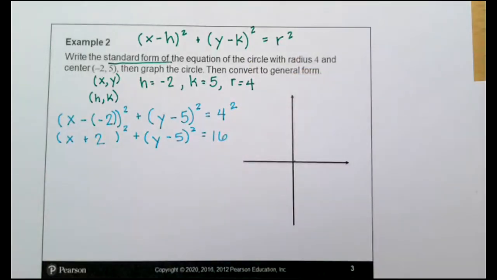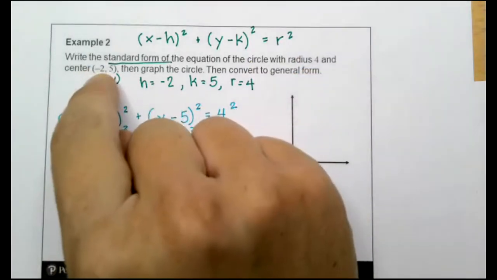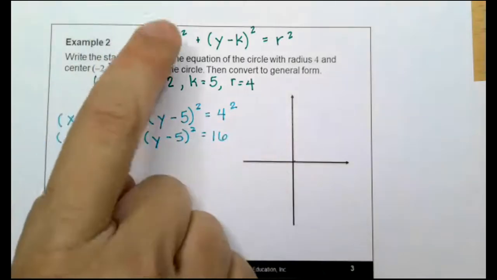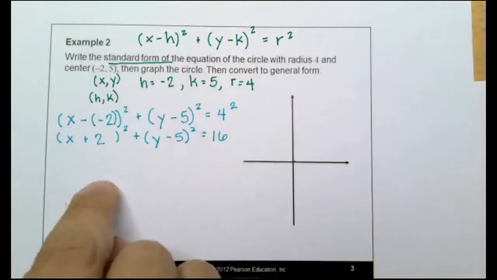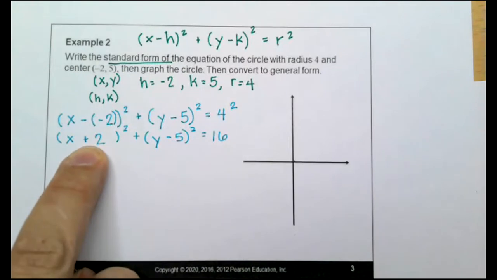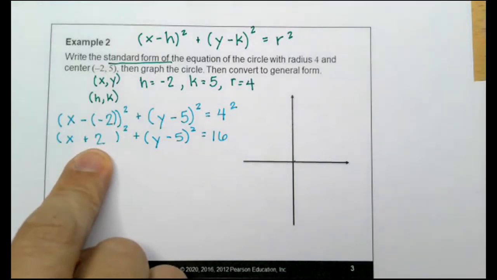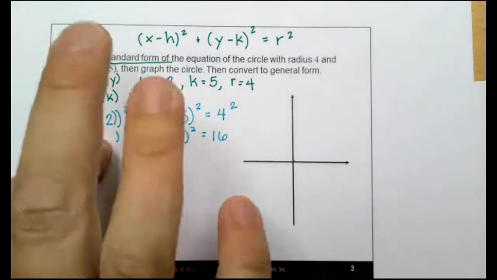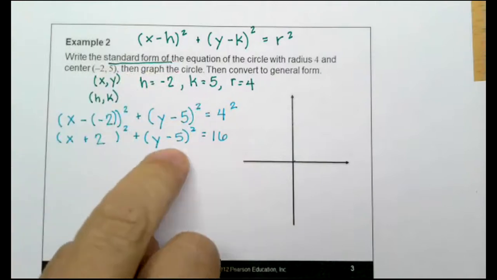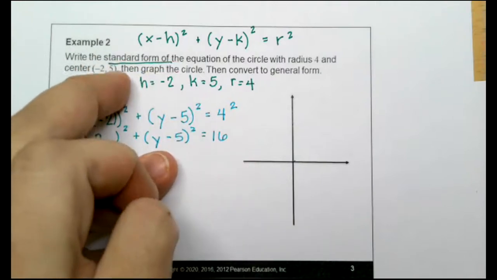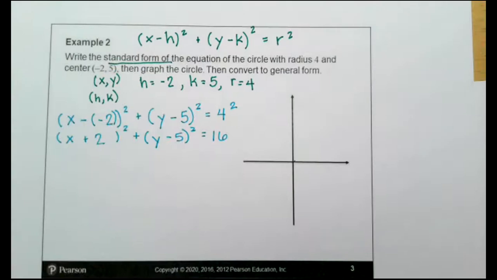So you see that the value is -2, but in the standard form, it's a +2, okay? But the point is a -2, so that's why I keep saying we flip the sign. So this is actually a -2 at the center, and this is a +5 at the center. All right, so that has been simplified as standard form, right?